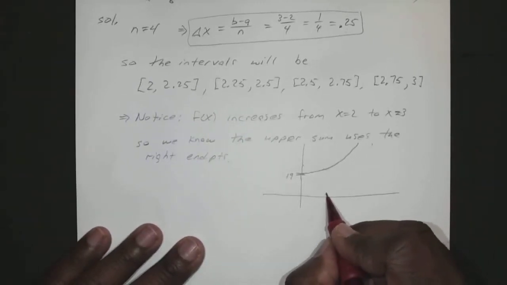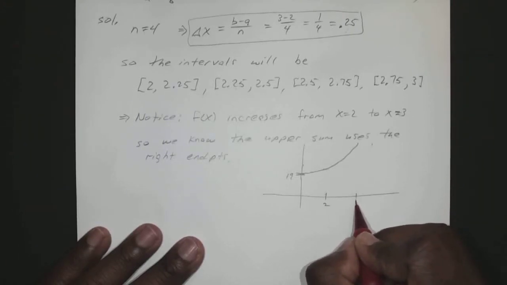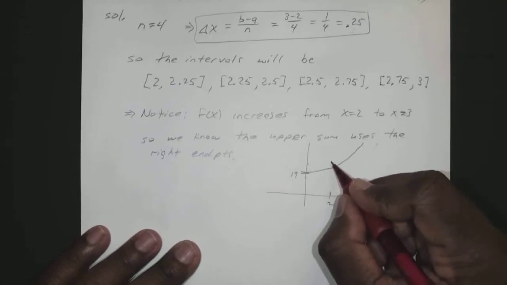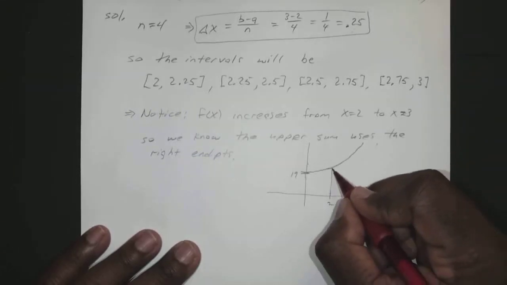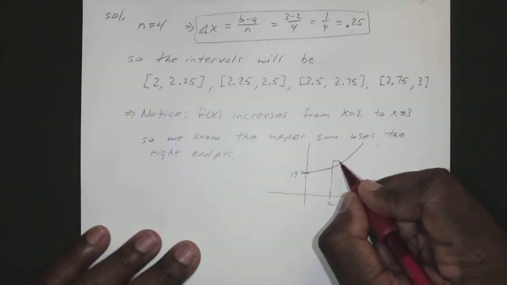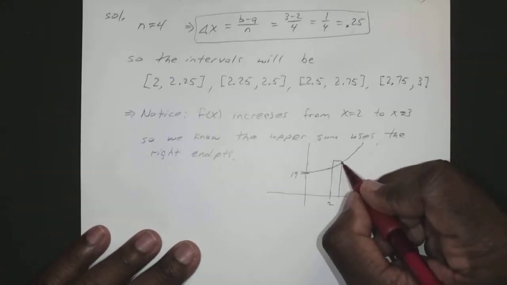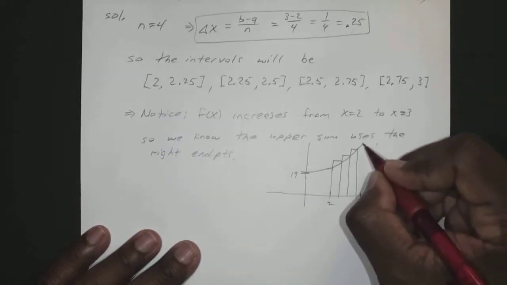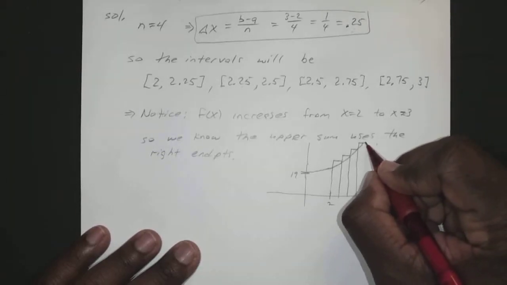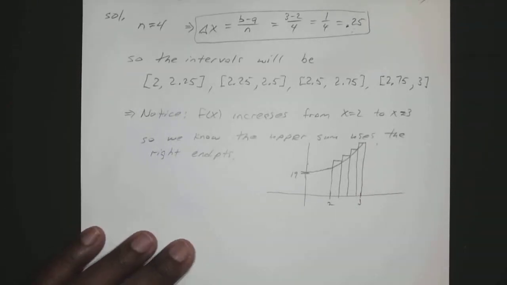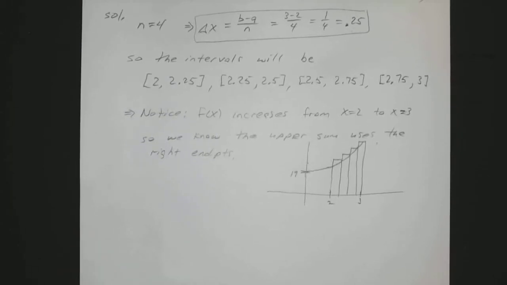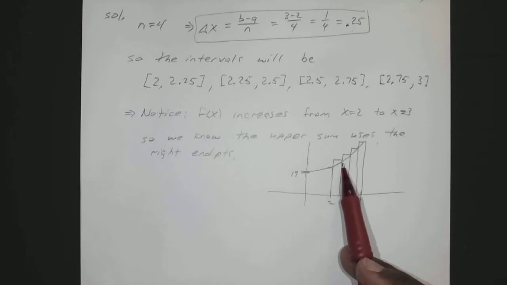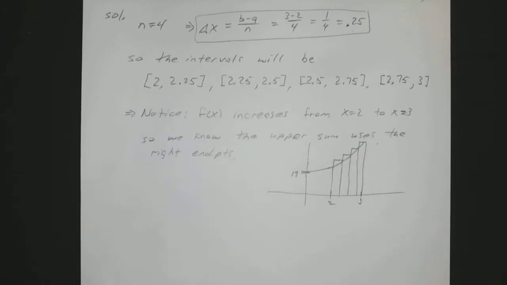We're looking between 2 and 3, and for the upper sum, our rectangles are going to go above the graph. So between 2 and 3, it goes like that, then like that, then like that. That's how it should look. So when it's increasing and they're looking for the upper sum, your right endpoint will touch the graph.